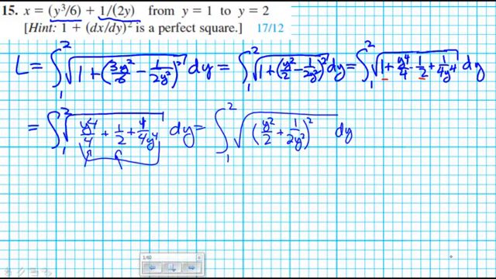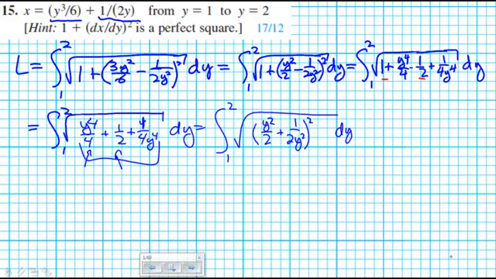So this is the square root of a perfect square. So unlikely it seems, those two things cancel out, leaving me y squared over 2 plus 1/2 y to the negative 2, because I find it easier to do the antiderivative of that. And now I'm ready to do my antiderivative step. The antiderivative of y squared over 2 is going to be 1/6 y cubed.